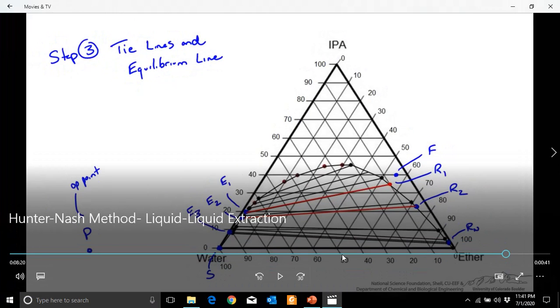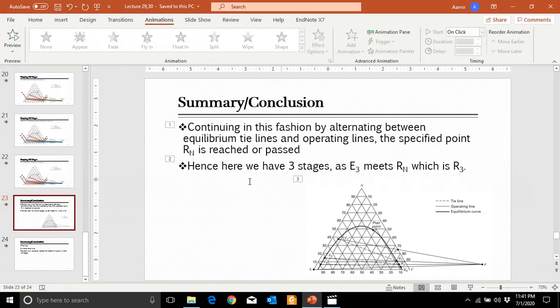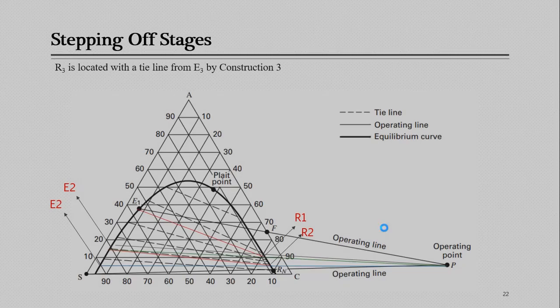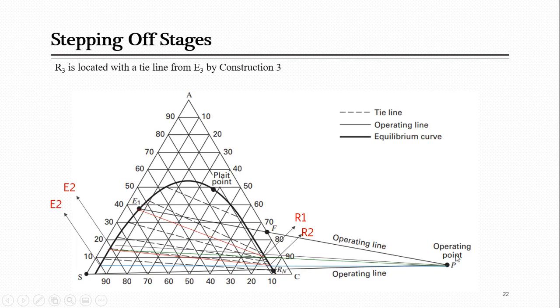Overall, up to here we are done with the main calculation of the number of stages. As I was saying, in your lecture you have seen that your operating point was located on the main raffinate side. So when you were connecting the line passing from P to R1, R2 and R3 or others, you had to extrapolate this line towards the main extract side.